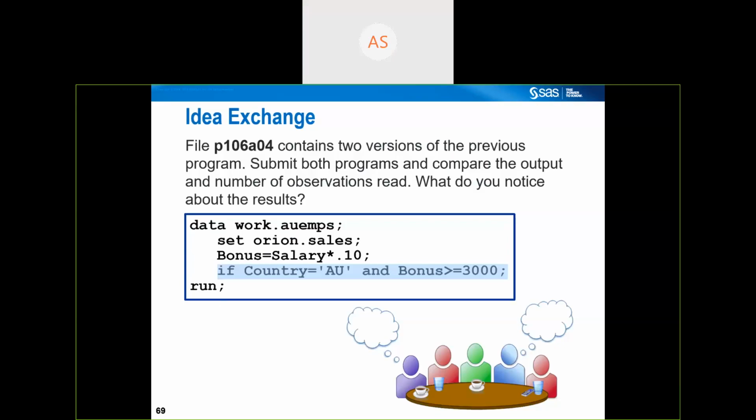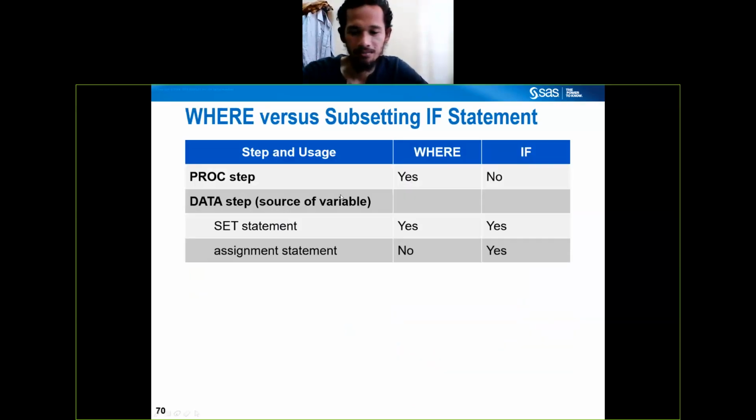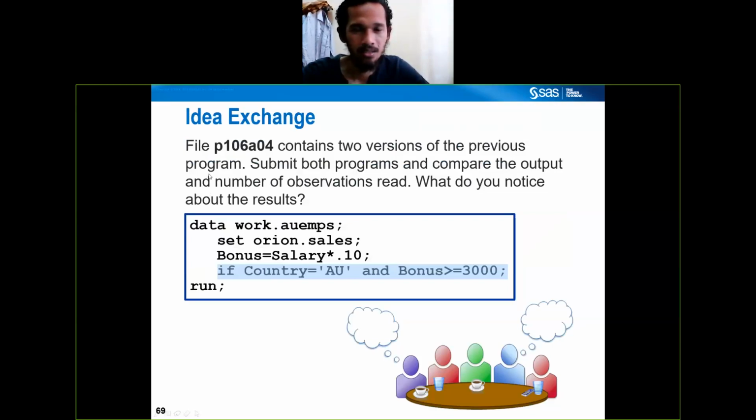Okay, so let's say you have an example where you want to write both conditions in the if. Actually, can you do that? If you want to run, you can run.